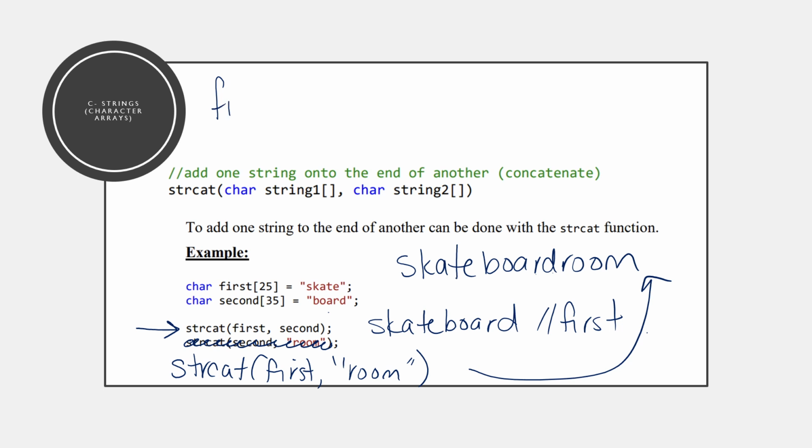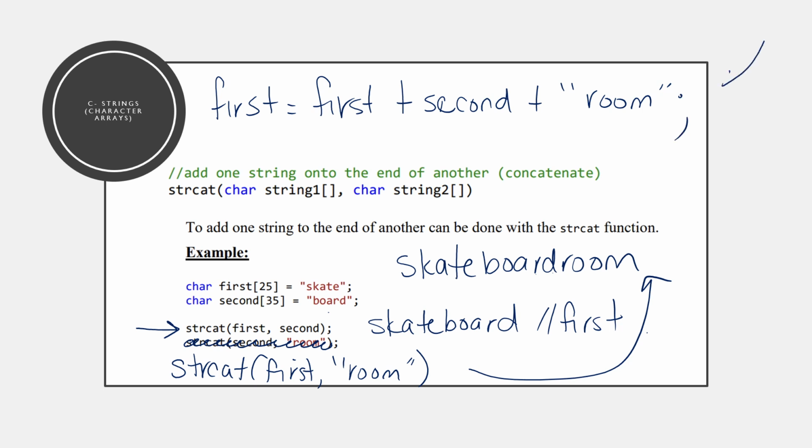I can say first equals first plus second plus room. But of course, these need to be declared. In order for that to work, these need to be declared as strings, and it has to be using the string class. So why are we even going over this?